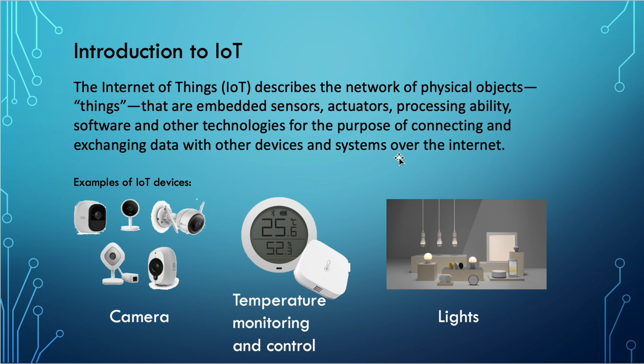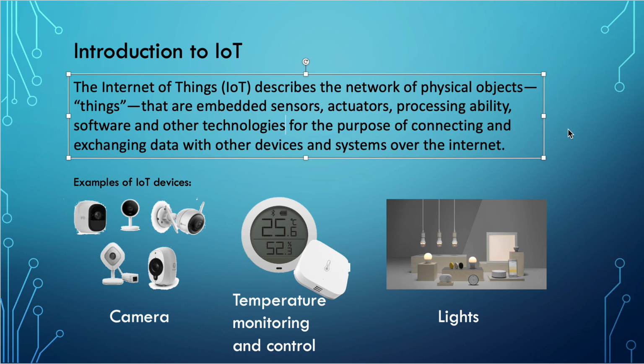So we talked about the definition of Internet of Things, right? This Internet of Things describes the network of physical objects, things that have embedded sensors, actuators, processing ability, software and other technologies, for the purpose of connecting and exchanging data with other devices and systems over the internet.